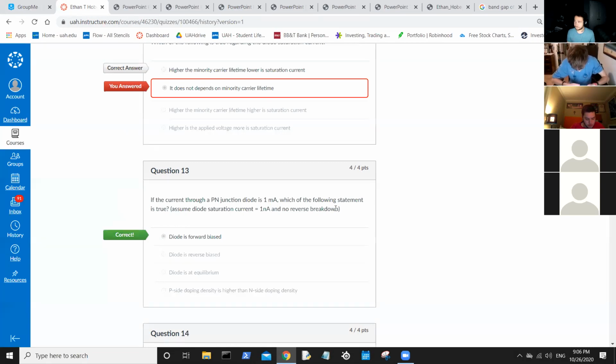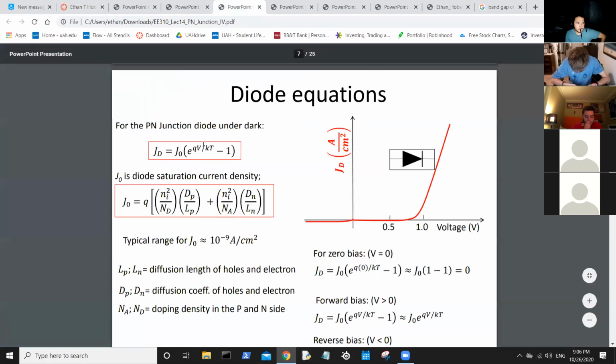What I did to solve that problem was the current density equation. Which equation? The conduction current density. It's J equals J naught parentheses e to the QVA over KT minus 1. Okay.